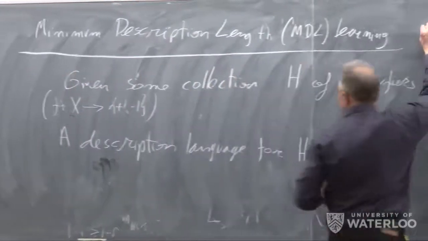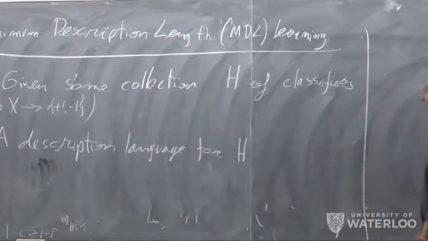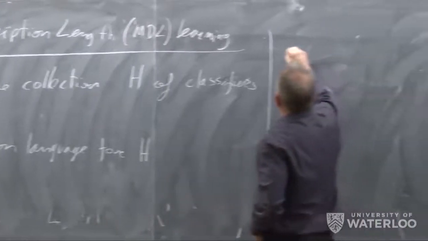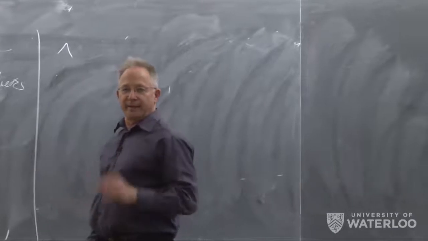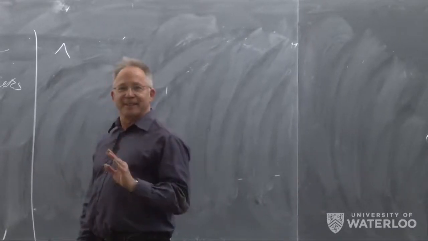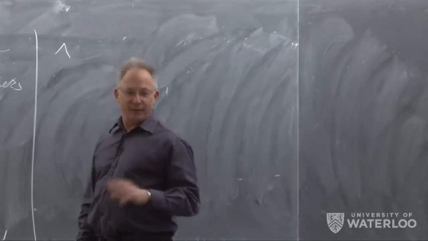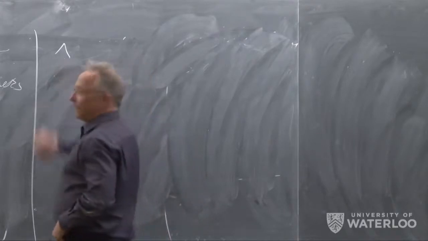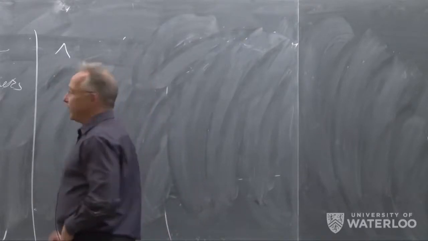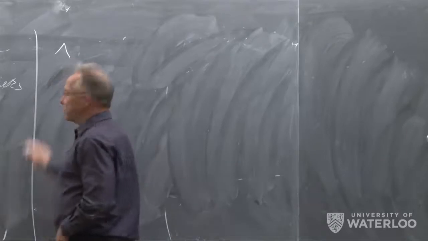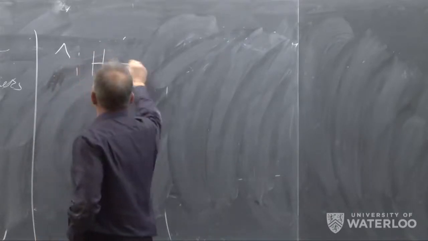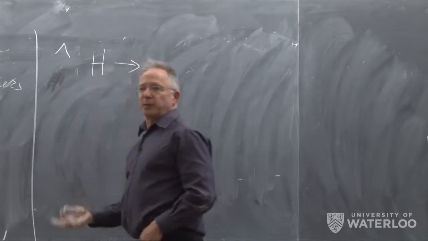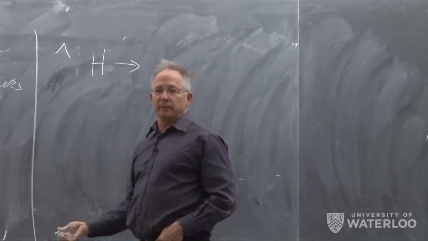So the description language I will just denote by a hat. I don't want to call it L, because L for us is a learner, and L for us is a loss. So L is already too loaded. So it will just be a hat. What does a description language do? It takes functions from H, and to each function, it describes it by a binary string.